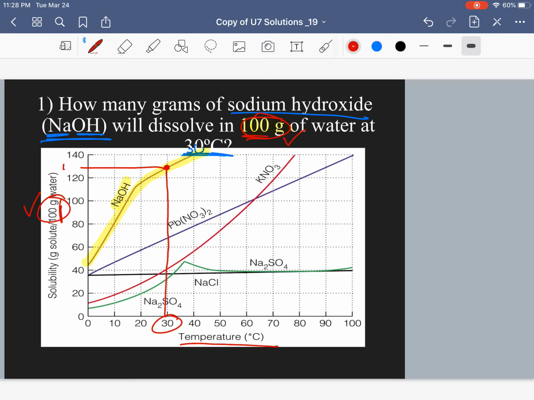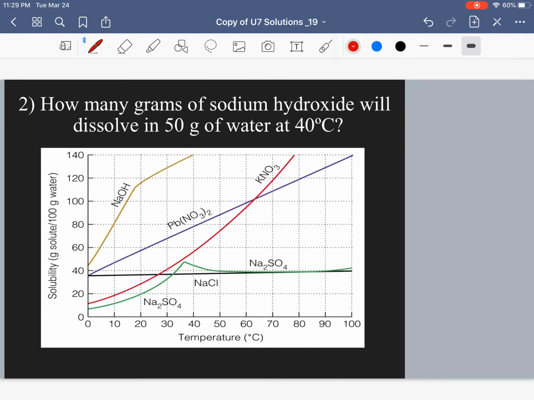So I'm going to say that's right at 130 grams. So 130 grams of NaOH would dissolve at 30 degrees Celsius in 100 grams of water. All right, so all you're doing is finding that temperature and finding where it intersects the line of what you're interested in.